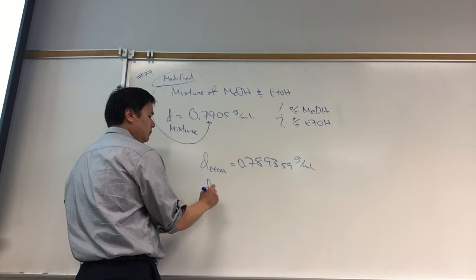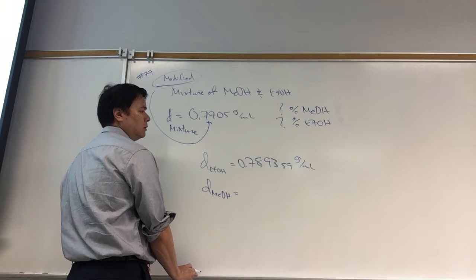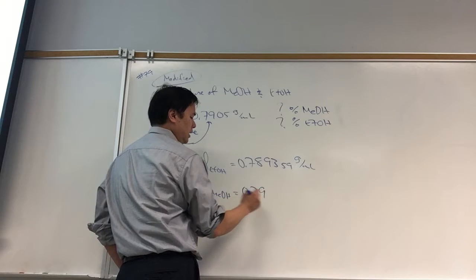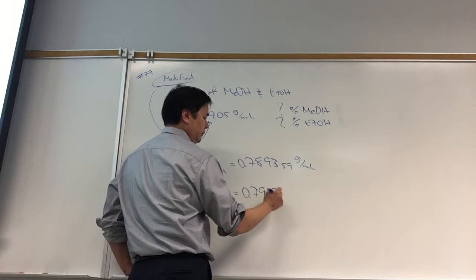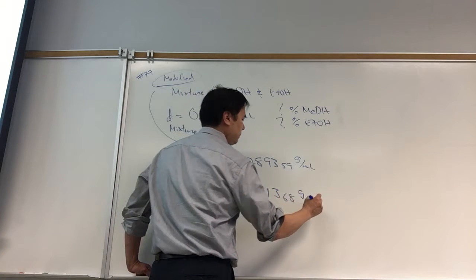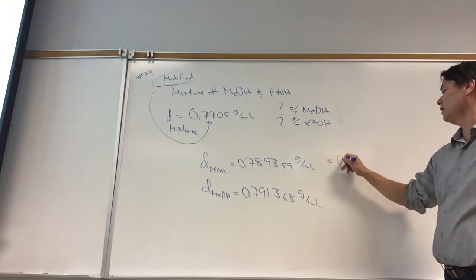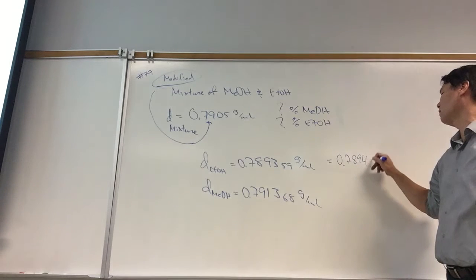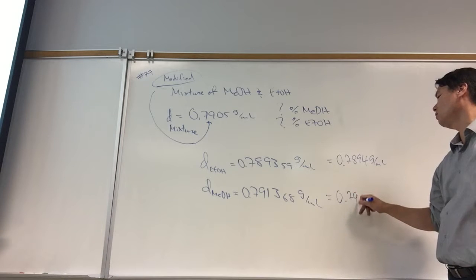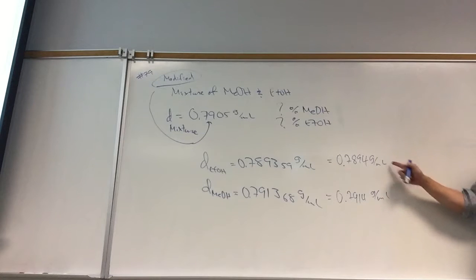Okay, the density of methanol is equal to what? 0.791368 grams per milliliter. All right, officially we aren't allowed this many digits. I just carried it, and so really officially we're only allowed 0.7894 grams per milliliter because of the uncertainty in this digit here. And this is 0.7914 grams per milliliter.